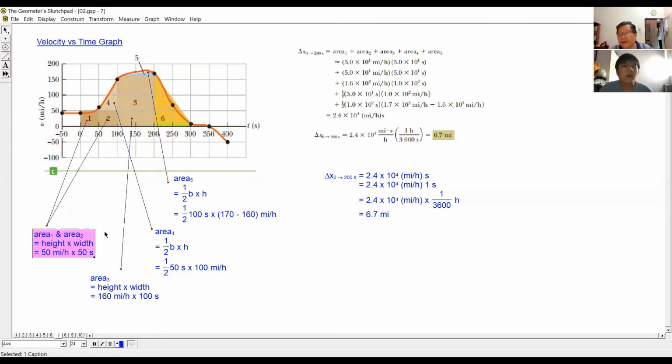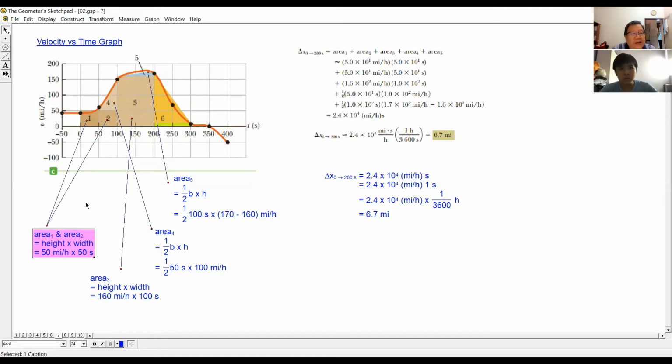That will give you the distance traveled, or the difference in displacement. Now the second area here, they label this square as 2. The area of square 2 is the same as the area of 1.